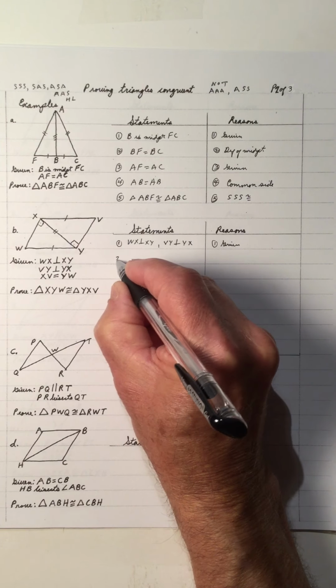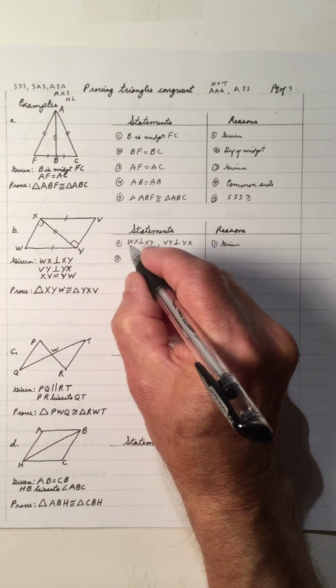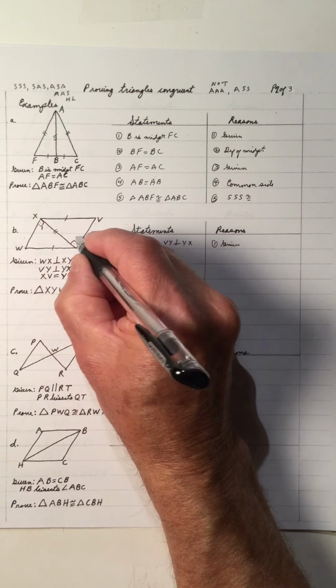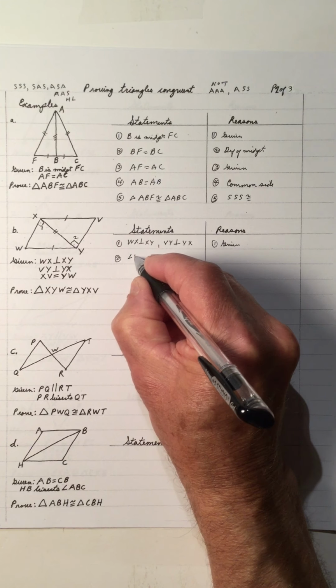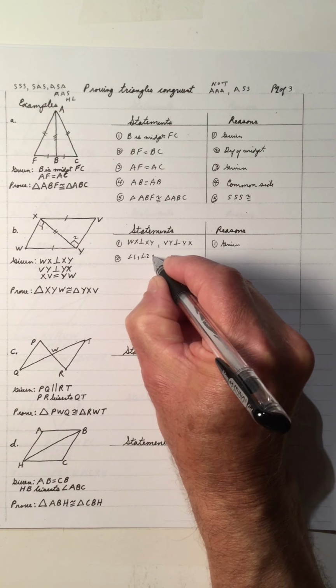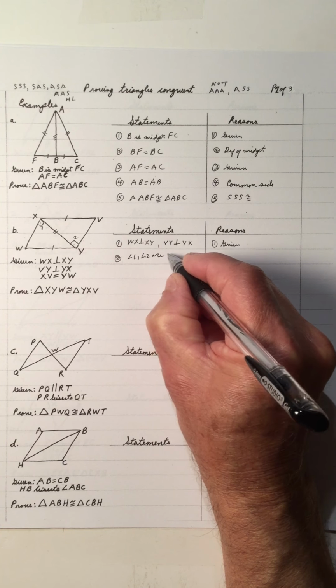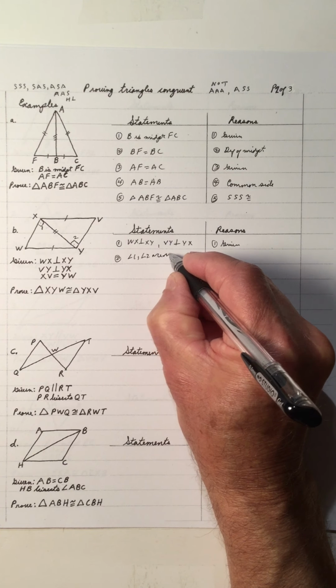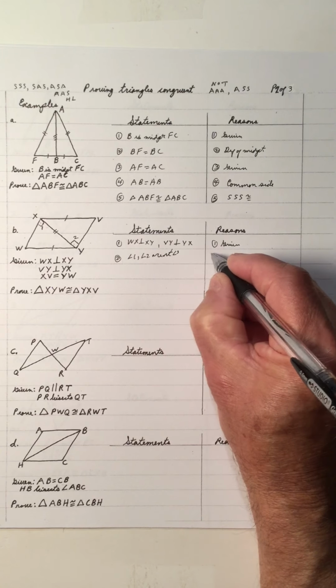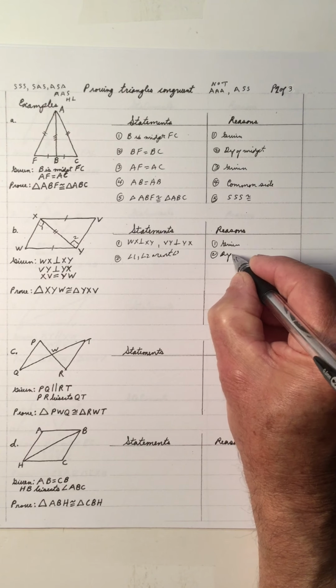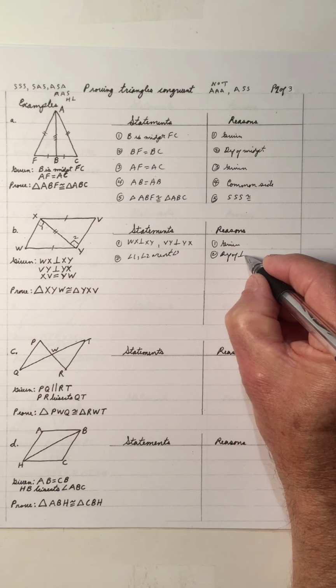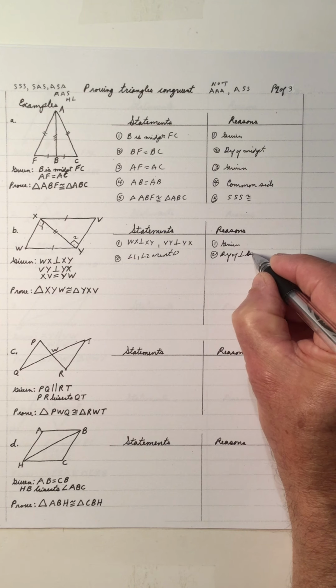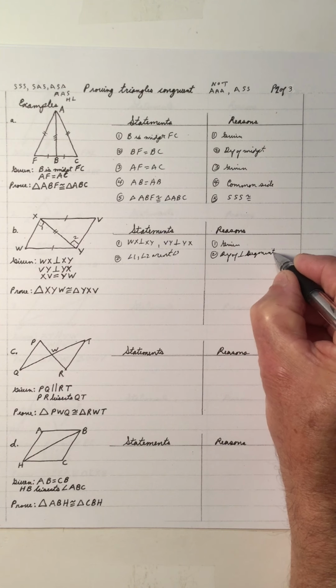And as a result of that given, that means that, let's call this angle 1 and angle 2. Angle 1 and angle 2 are right angles. And that's definition of perpendicular lines or segments. We could say lines or segments.